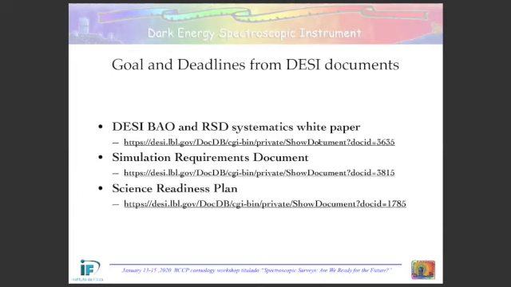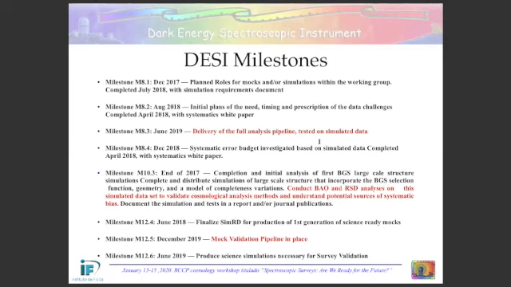The first describes the set of simulations that we need to test the observables that we're going to use in DESI, in particular BAO and RSD focus. And then there is a document led by Lagos and Musha, describing all the systematics that we're going to test, and the simulations that we require to test them. Even the metrics are highlighted there. So these are the basis of the discussions.